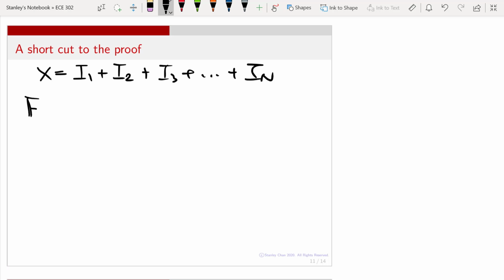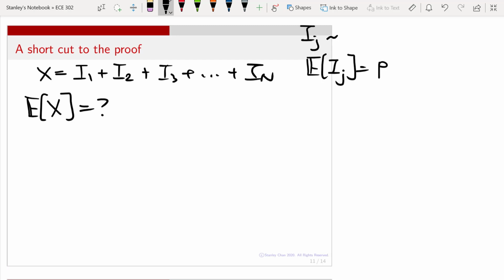Now we want to ask, what is the expectation of X? To answer this question, we also know that the expectation of Ij is p, because Ij is a Bernoulli random variable with a parameter p. How about the variance?